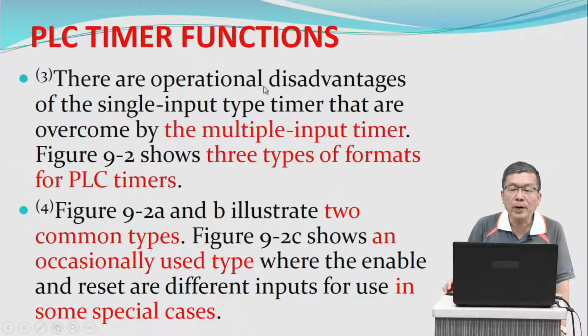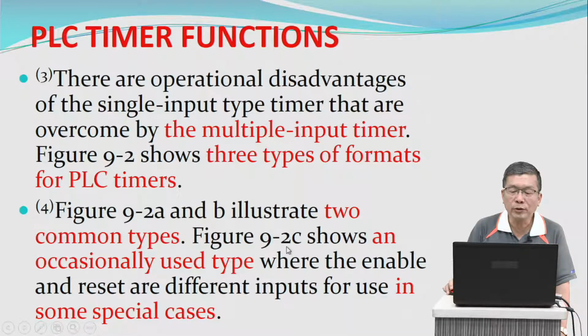There are operational disadvantages of the single input type timer that are overcome by the multiple input timer. Figure 9.2 shows 3 types of formats for PLC timer. 9.2a and b illustrate 2 common types.